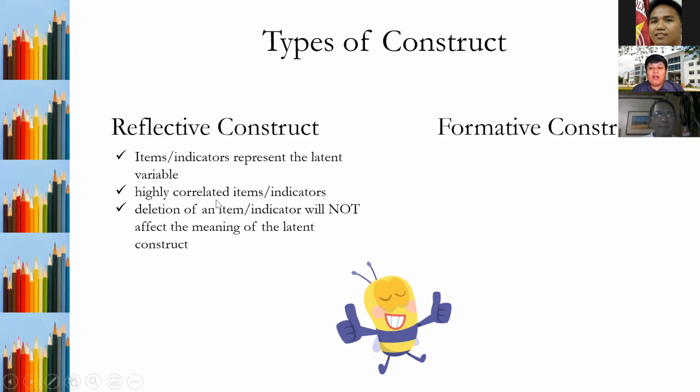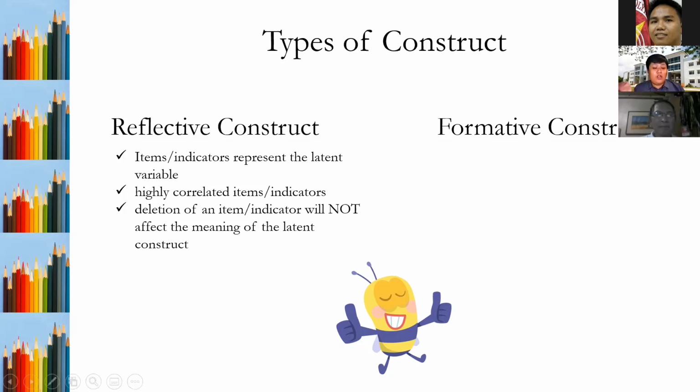When we say highly correlated, it means they move in the same direction. If we have 5 items measuring customer satisfaction and it is a reflective construct, all those items are highly correlated. It means they move in the same direction.